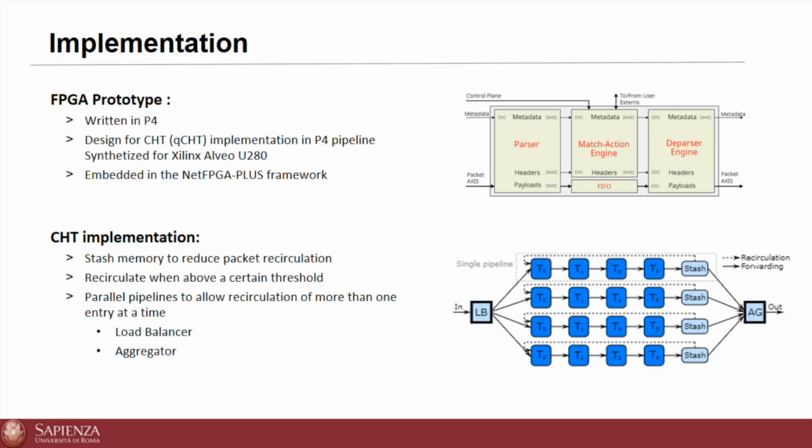When all the stashes of the different data paths reach a certain load factor, a certain threshold, at this point recirculation is started. What we want to do in this way with multiple data paths is to recirculate more than one key at a time, and so reduce the overall amount of recirculation needed to populate the table.